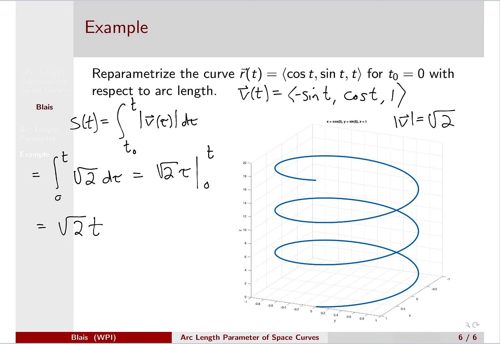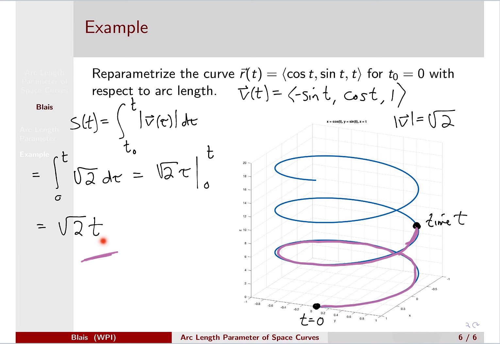And so what this means graphically is we start out here at time 0, and then at time t, this s of t will be the arc length of the curve that has been traced out from time 0 to time t.